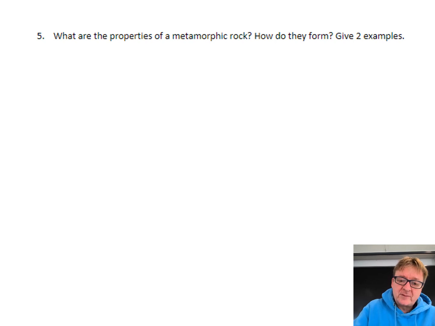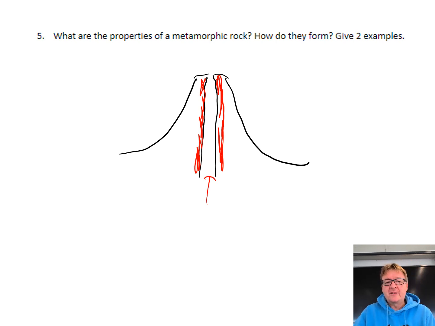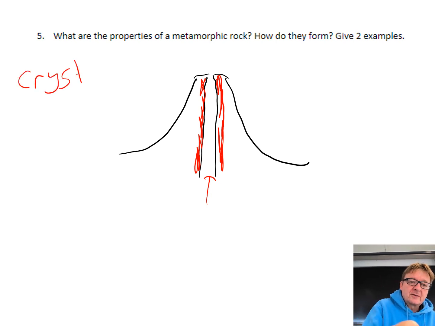Metamorphic rock. Now metamorphic, I love the word metamorphic. Morphic means change. So I'm going to draw my terrible volcano again. There's my tube that goes up the middle. This time metamorphic rock is the rock that is here. What it is, it's changed by the magma coming up inside the volcano. There tends to be larger crystals.